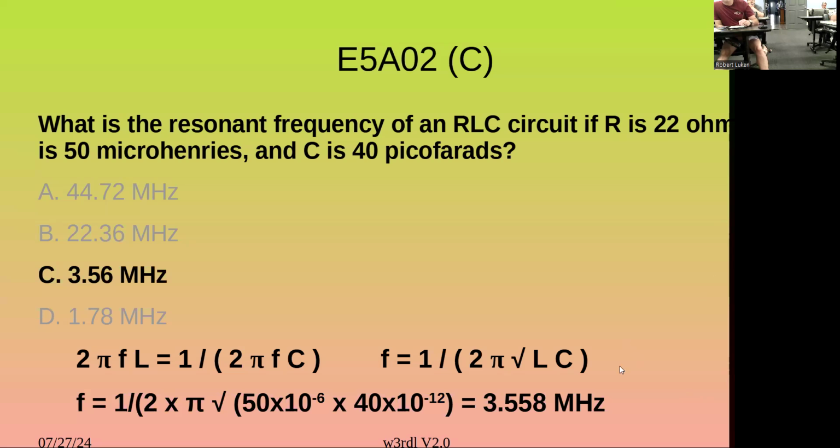I mean, 1 over 6.28 times the square root of that, which I don't remember off the top of my head.